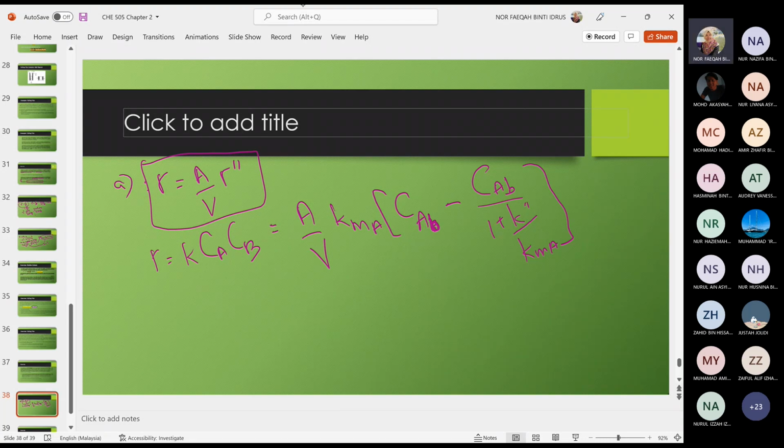And then define KM, because the Sherwood number is given. KM equals Sherwood number multiplied by diffusivity divided by diameter.